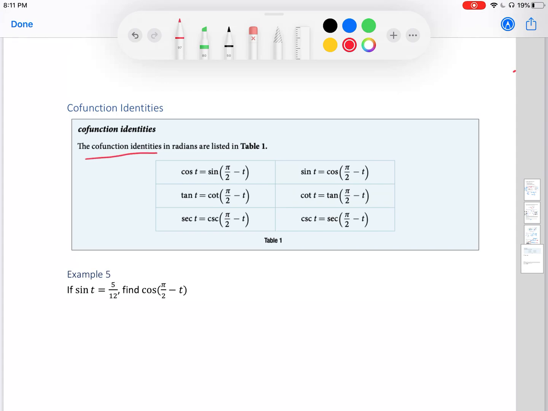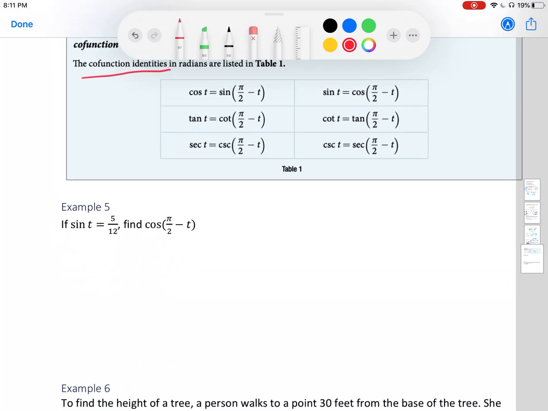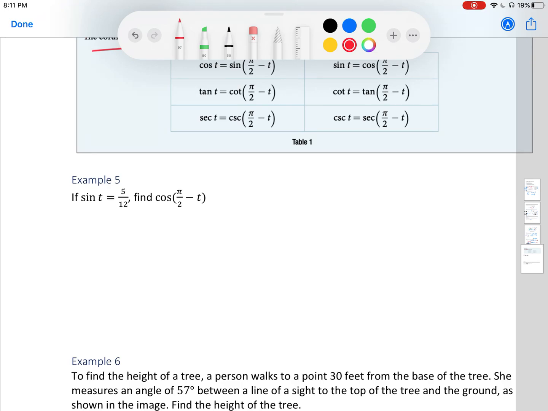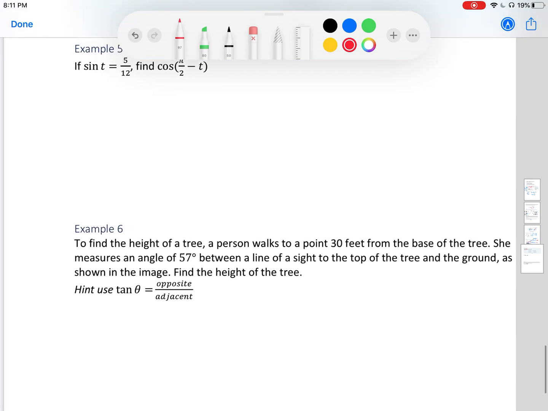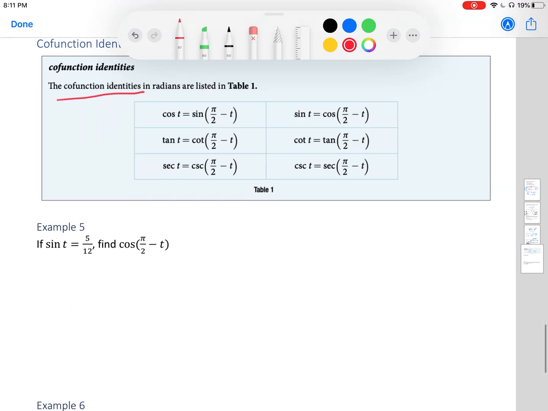To that, we have cofunction identities. So if I have cosine of t, it's equal to sine of pi over 2 minus t. And I'll let you do that example.